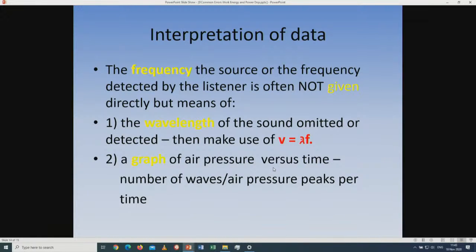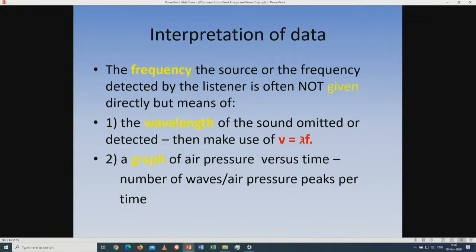Also, sometimes in the last few papers there has been a variation in the questions, maybe also a way of raising the level of difficulty of the problems using the Doppler equation.